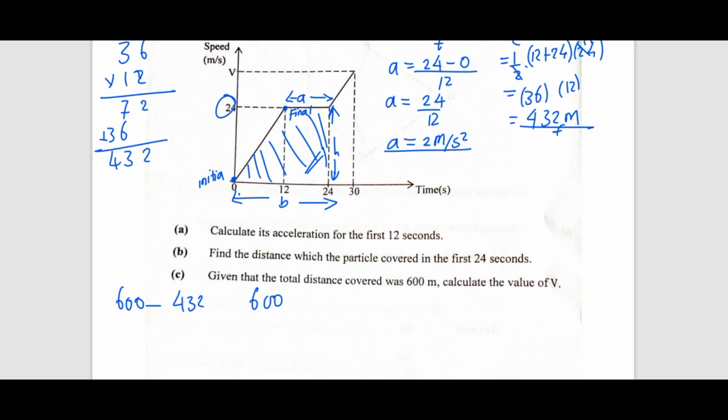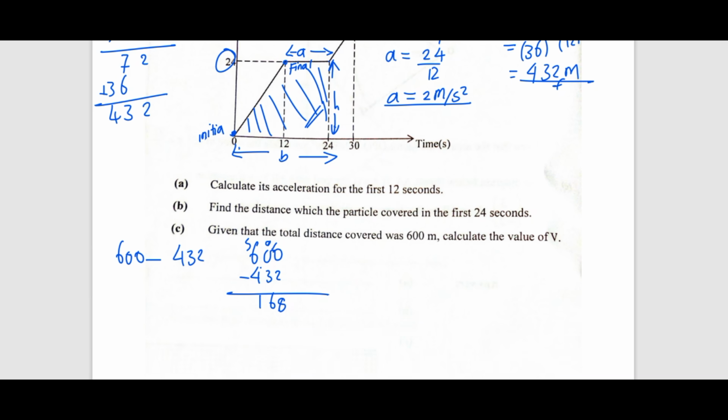So let's do this, 400 minus. So if we take 1 here, we have 10, 9 here, we have 5. So 10 minus 2 is 8. 9 minus 3 is 6. 5 minus 4 is 1. So we have 168.